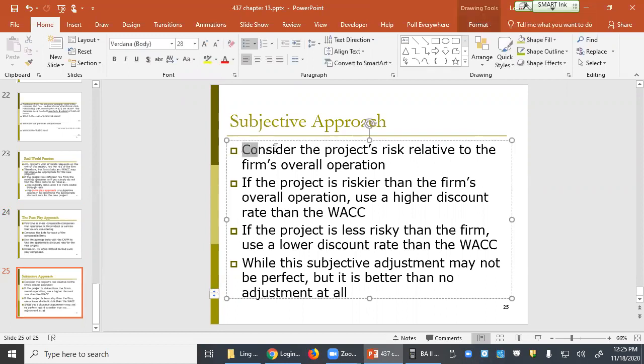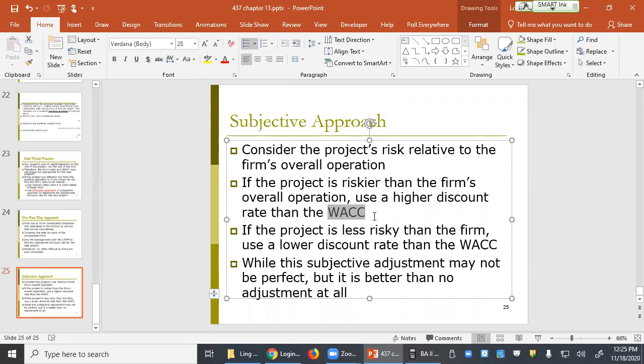So you will simply consider the project risk level relative to the company's existing operation. If the project is riskier than the company's current operation, once you find the WACC of a company, you're going to add a couple of percentage points to that, depending on how much riskier it is, right? We know that risk and return have positive relationship.